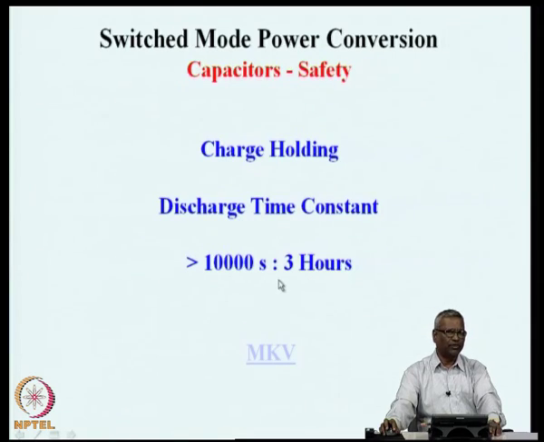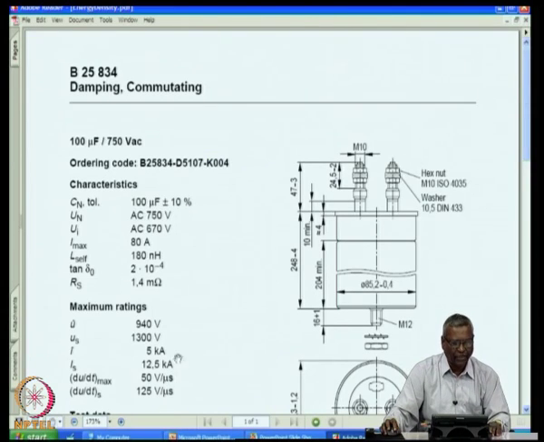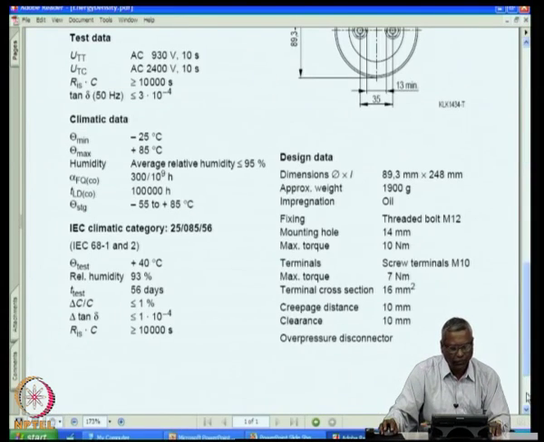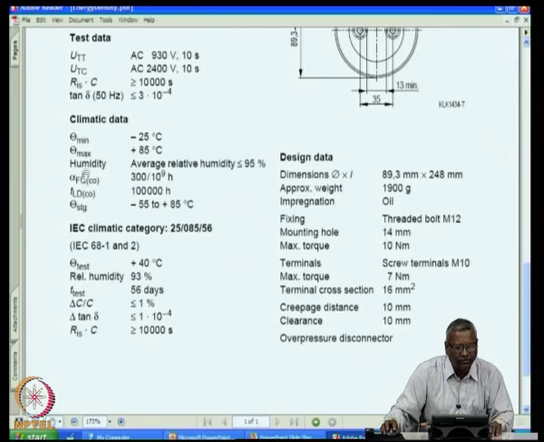So, even after you have removed a capacitor from a circuit, even 3 hours after you have removed the capacitor, you might still have about 30% of the charge left on the capacitor. And if unintentionally you short circuit the terminals, it can give rise to a big spark and a fire accident.